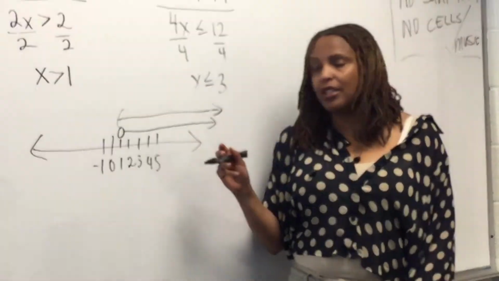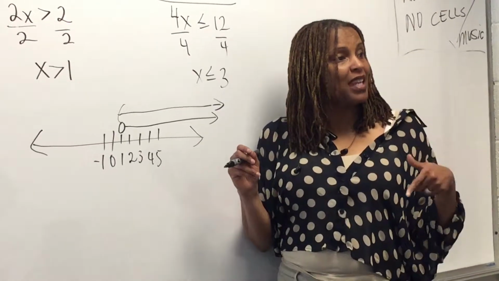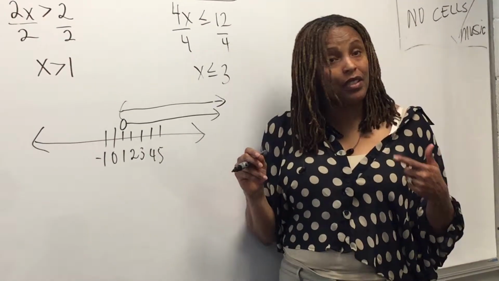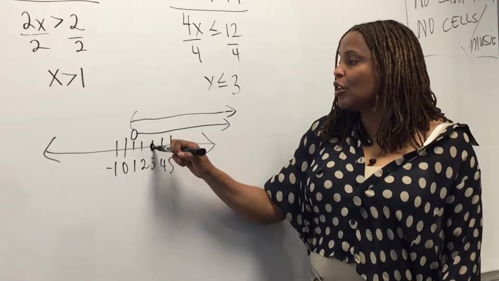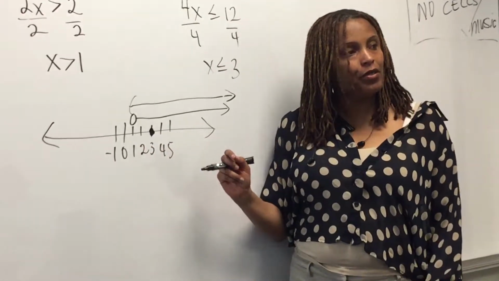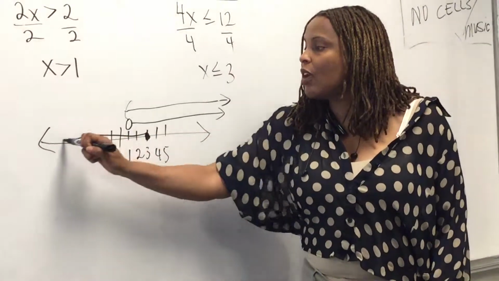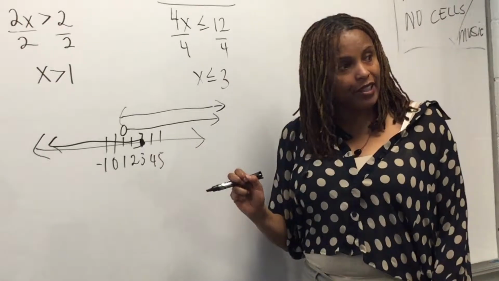Is 3 included? Yes, because this time it's less than or equal to 3. Does that make sense to you? So we start at 3. I'm using a closed circle. And which way is less than 3? Good. In interval notation, we use a bracket, right?